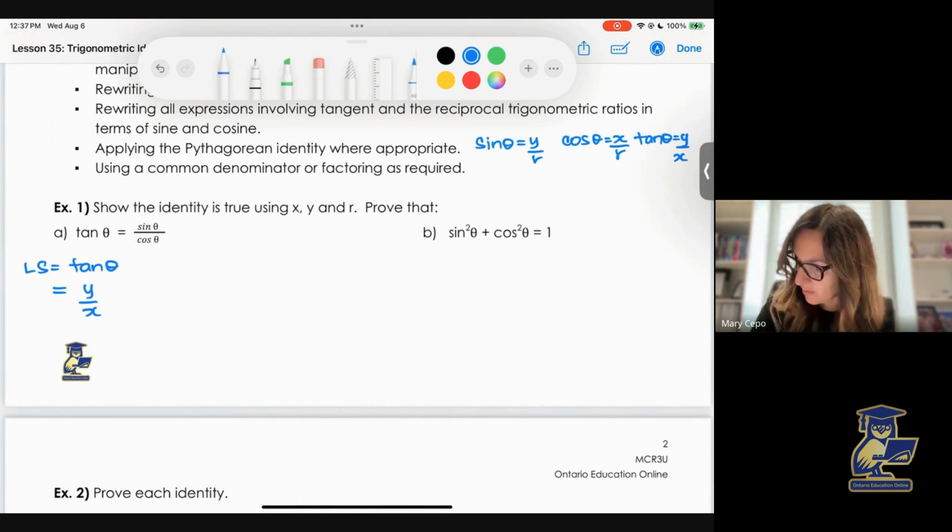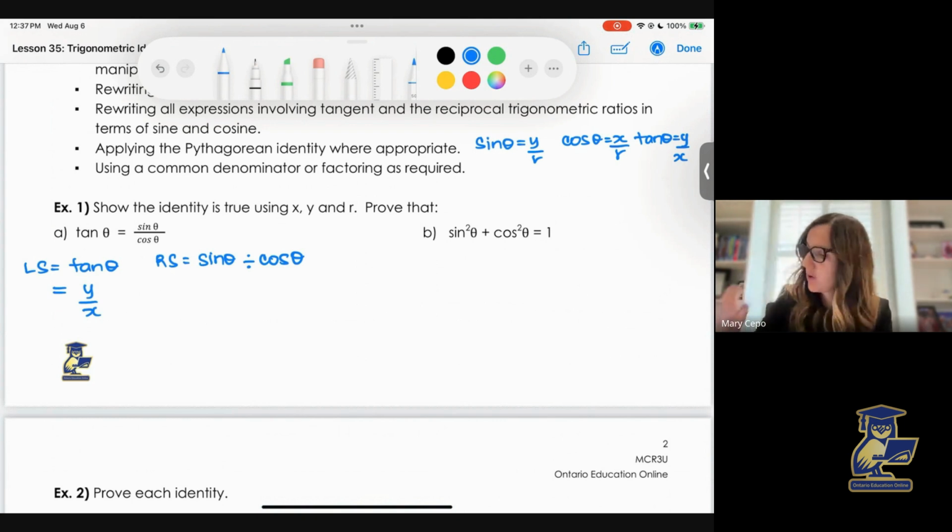And then we break it down to the right side. So we want to show sine theta, and because it's shown as a fraction, we know that's the same thing as divided by cosine theta. Now, sine theta we know is equal to y over r, and we're dividing that by cosine theta, which is x over r. So now we've put that in terms of x, y, and r, but now we have to simplify.